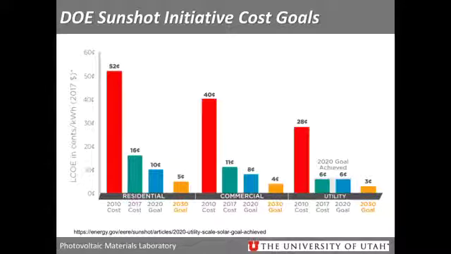Just a few weeks ago, they reported that their goals for 2020 have already been reached. So research is still going strong, and you can see what the costs of these were not even a decade ago. There's a lot of engineering going into PV making them cheaper, such that it can reach grid parity, and solar ceases to become a moral decision for people and more of an economical decision.